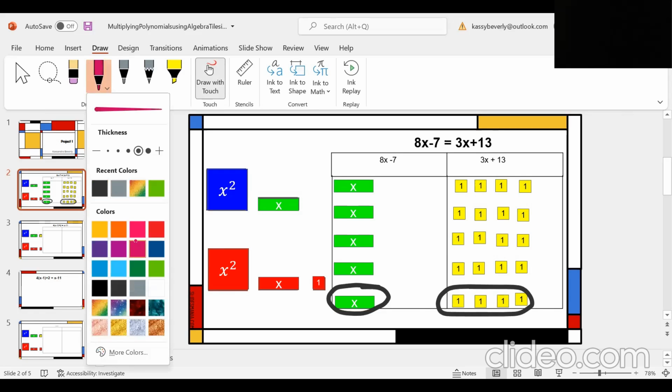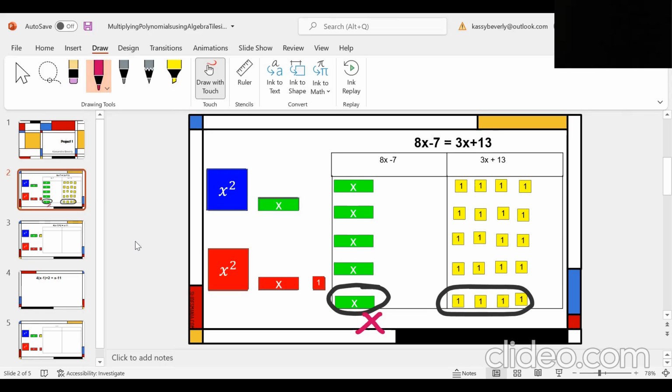Okay, so this means essentially that x equals 4. Okay?